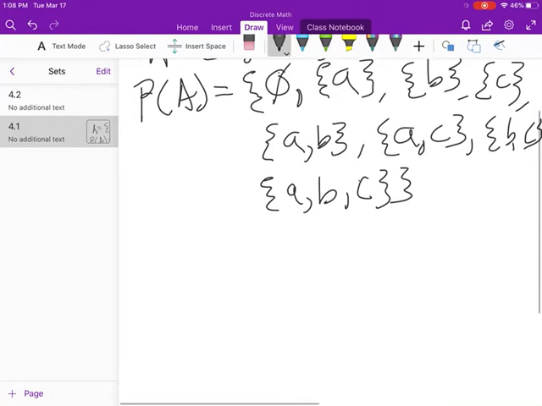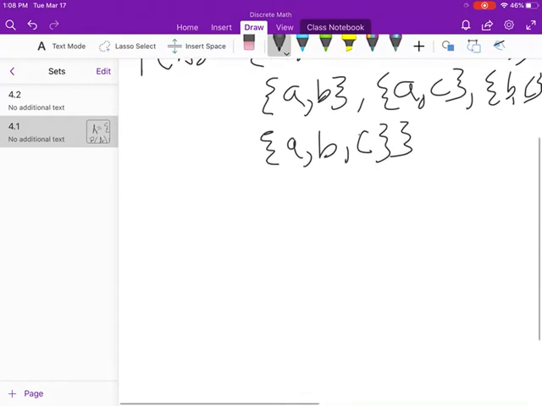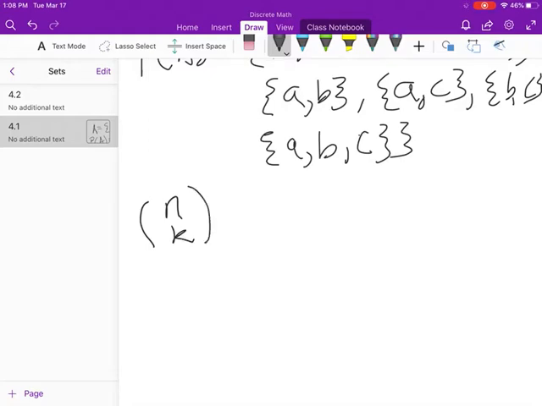Well, it turns out that we use our old friend, the binomial coefficient, n choose k. Another way you might see it is written with an n, then a big C, and then a k.